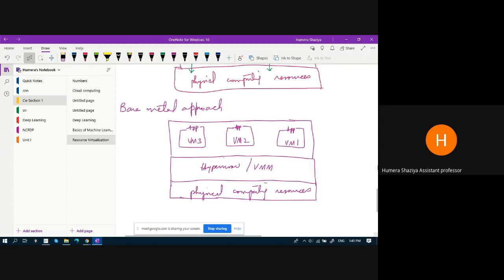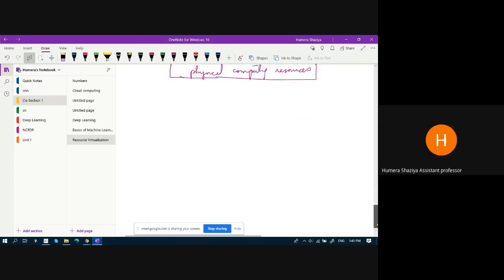Okay. The next topic is... Ma'am, which one is better technique then? It depends on your application. See Manisha, we are not creating the cloud. Who is creating the cloud?